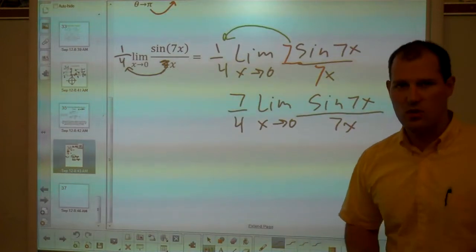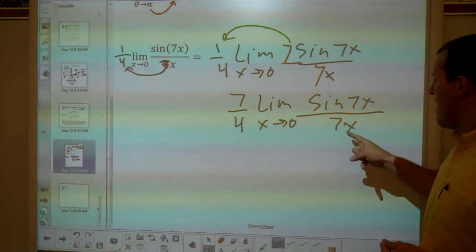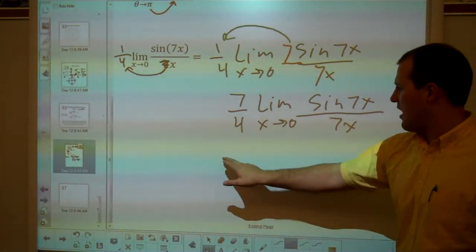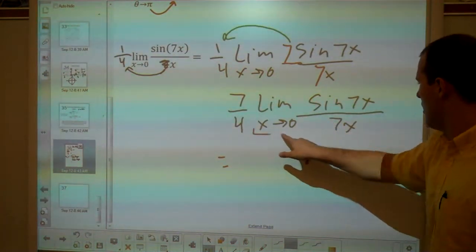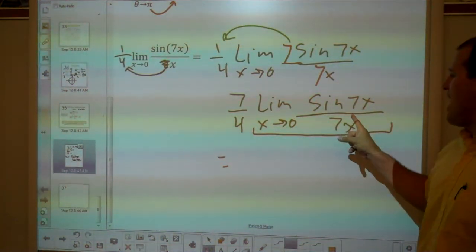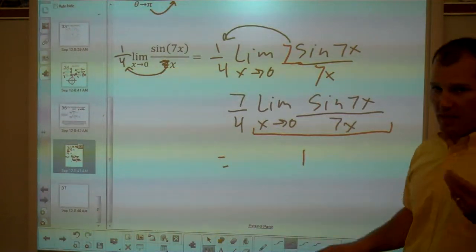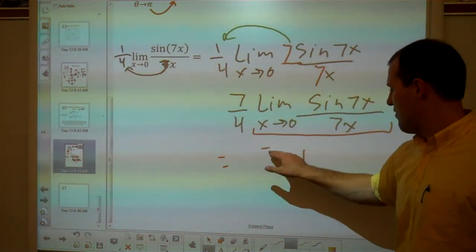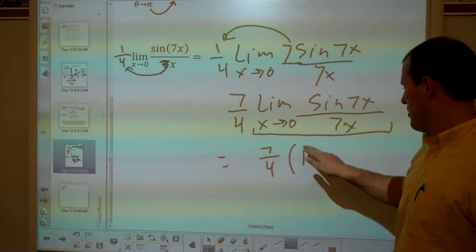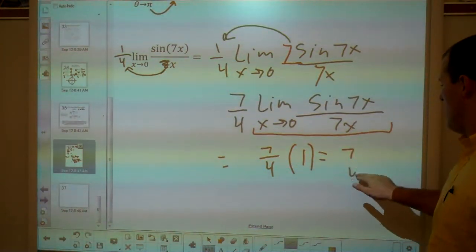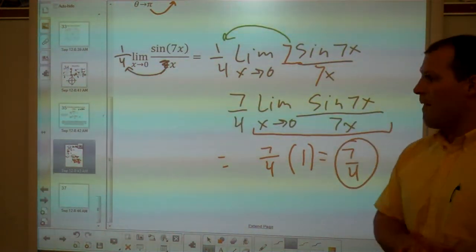Now we have that situation I was talking about where these two things match. That indicates that this little chunk of algebra right here is 1, based on our previous identity. We have a 7/4 right here, and it should be no surprise that 7/4 times 1 is 7/4.